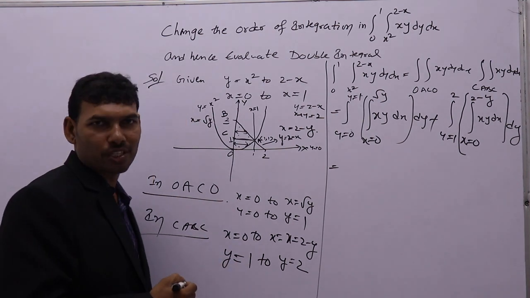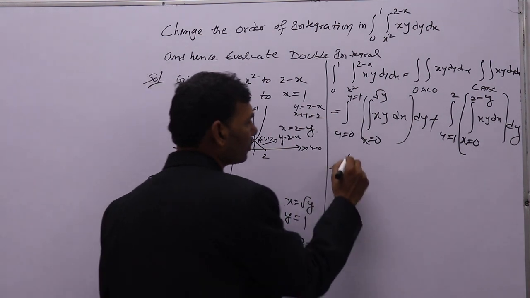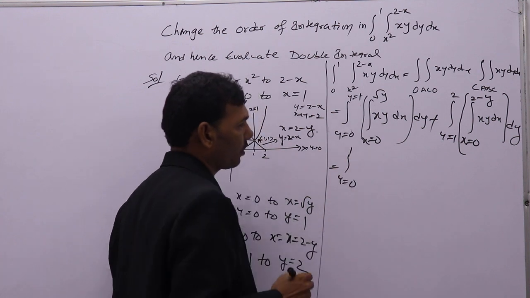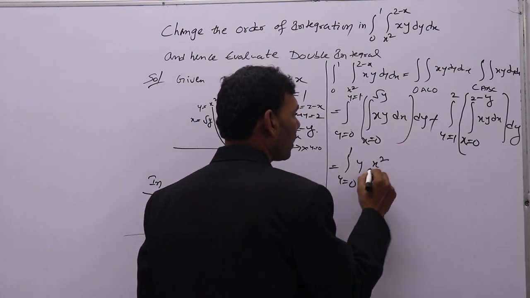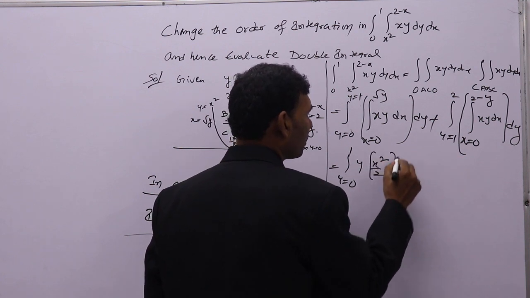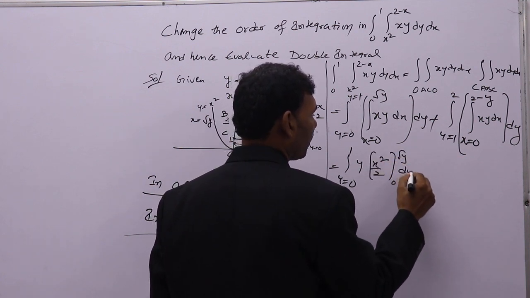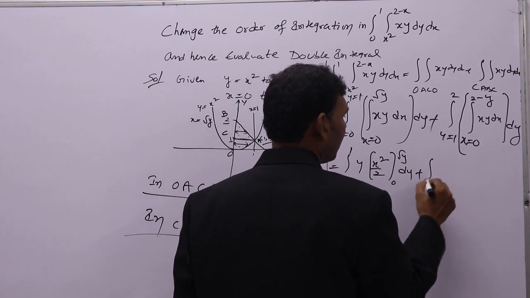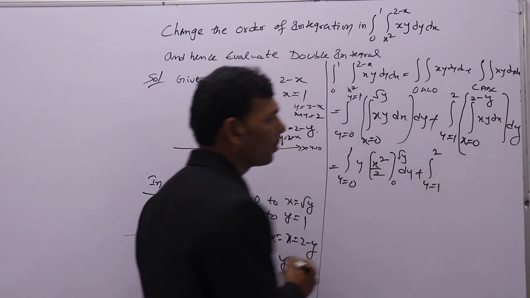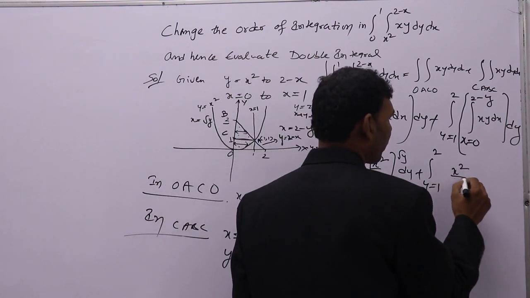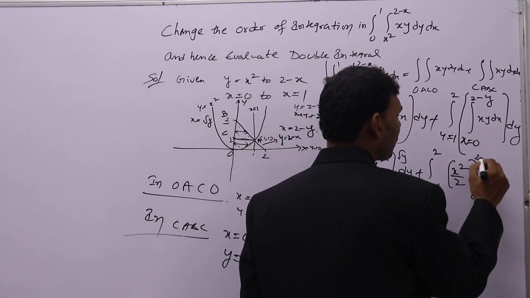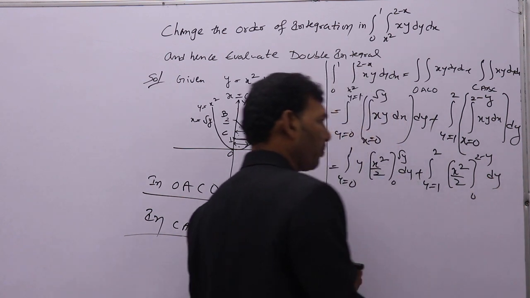First integrate with respect to x. Y equal to 0 to 1, with respect to x, integral x dx is x square by 2, limits 0 to root y, dy. Plus integral y equal to 1 to 2, so y constant, x square by 2, limits from 0 to 2 minus y, dy.